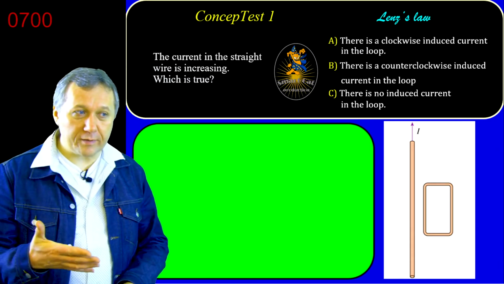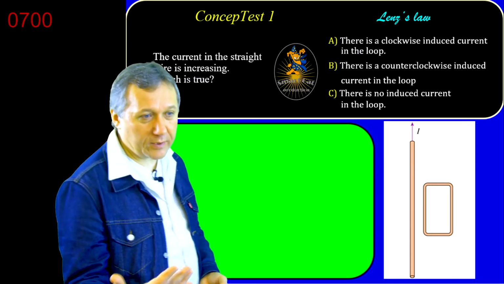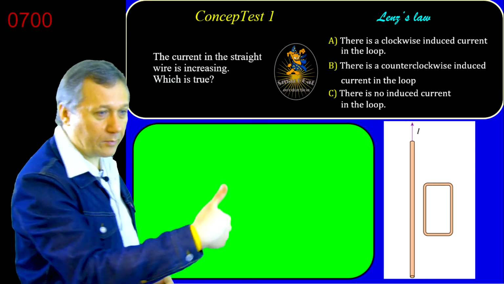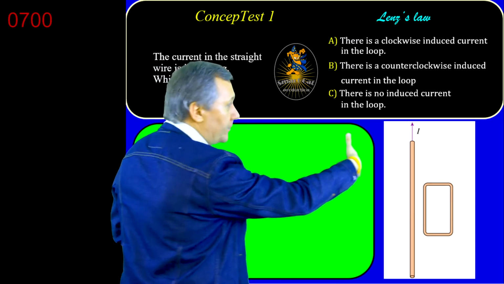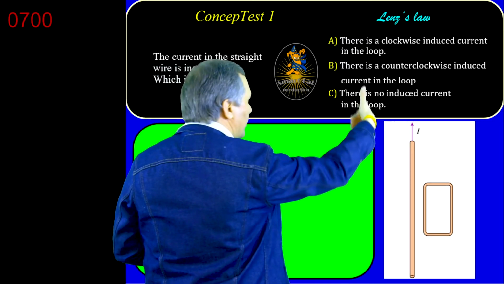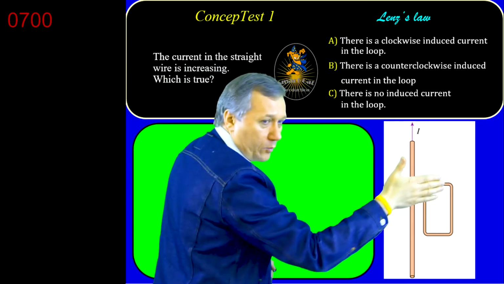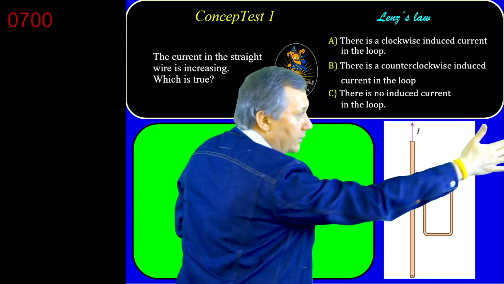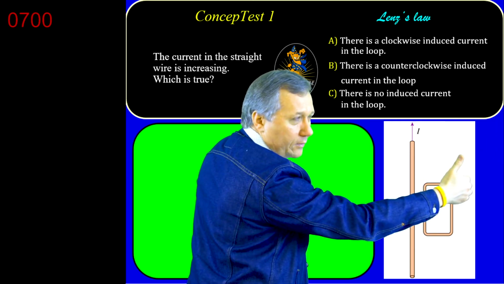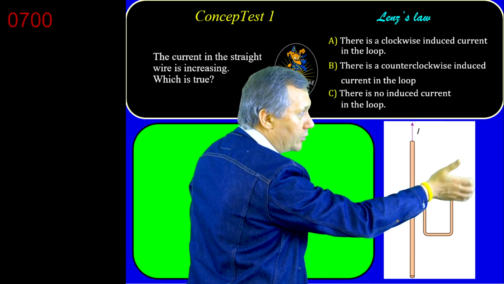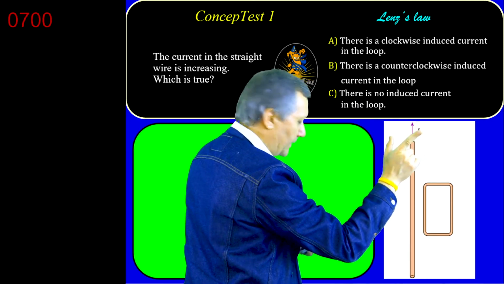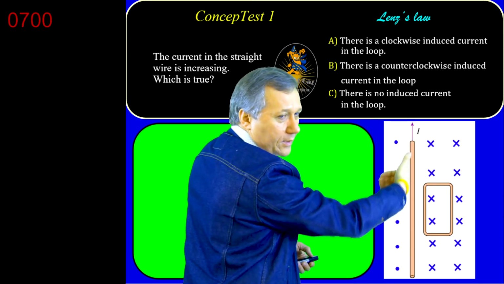And in order to find the direction of the external magnetic field, again, right-hand rule number 2. Outstretch your thumb in the direction of the current and curl your fingers around the wire. So on that side of the wire, magnetic field will be into the board, which is cross, right? And on this side, dots.